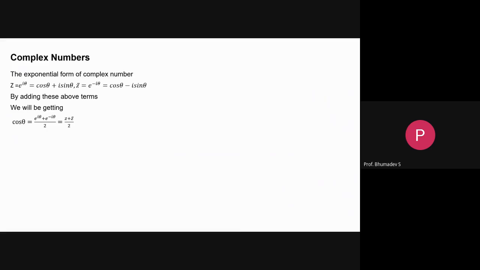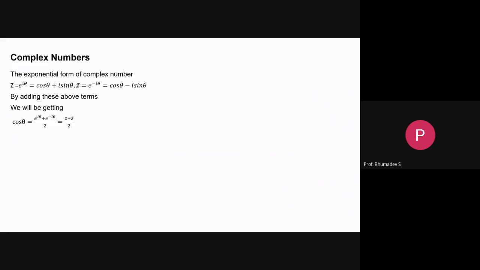So by adding these two terms, we will get twice cos theta as z plus z bar, so cos theta is equal to z plus z bar upon 2, which can be represented in exponential form as e raised to i theta plus e raised to minus i theta by 2.